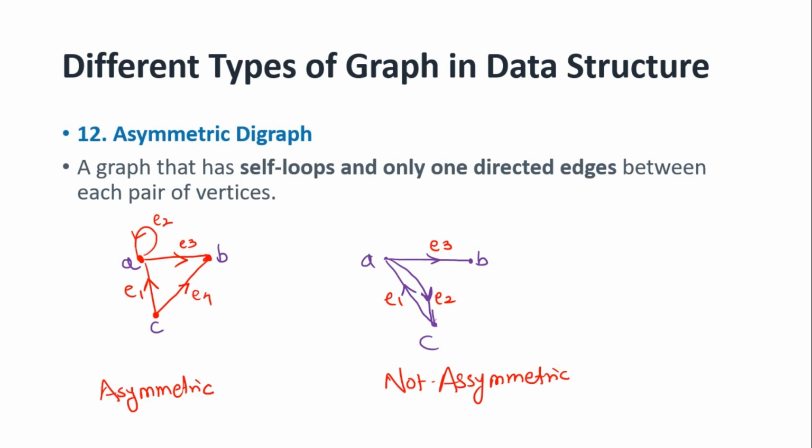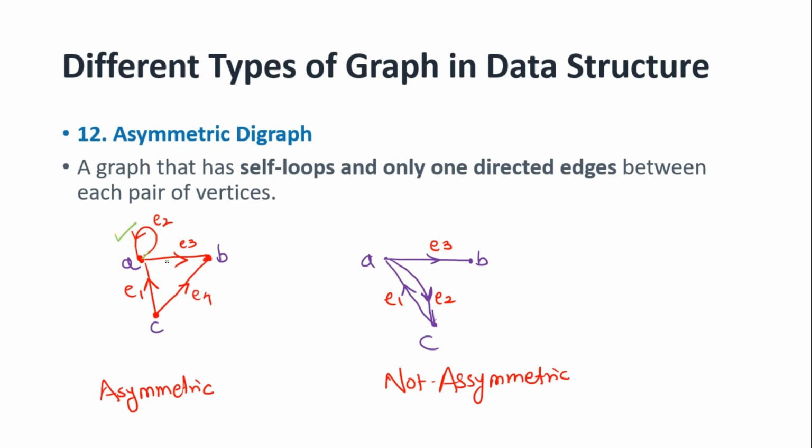Now the asymmetric digraph: if in your directed graph you have self loops and only one directed edge between each pair of vertices, then that graph is called an asymmetric graph. Now if you carefully look, in this graph I am having a self loop, okay, as per definition this is okay.